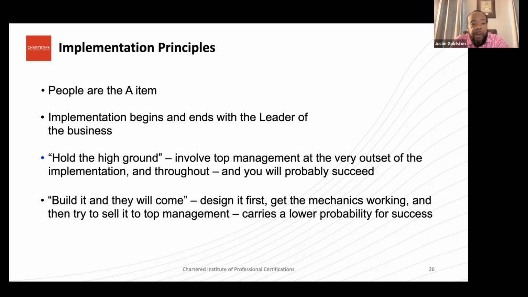So whenever we say implementation begins and ends with the leader of the business, that's because you have to walk the talk, right? So a lot of leaders feel that an S&OP process is the inventory manager's job, or the production manager's job, or the sales manager's job. It feels like it's an organizational initiative, right?